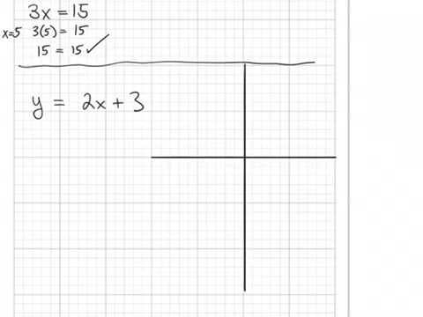Okay, we have the x-axis and the y-axis. We know that the y-intercept of this line will be 3, and we know that the slope will be 2, and so we can plot these little points. And when we do that, we have this line.